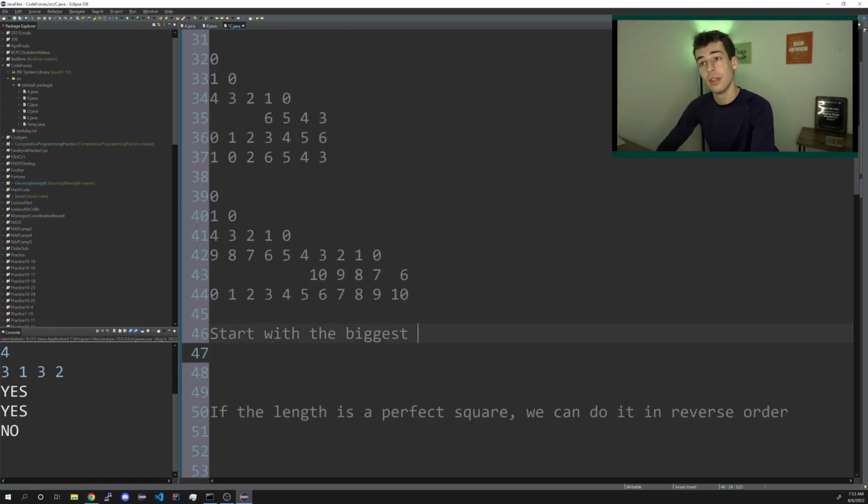So you start with the biggest. Square number.